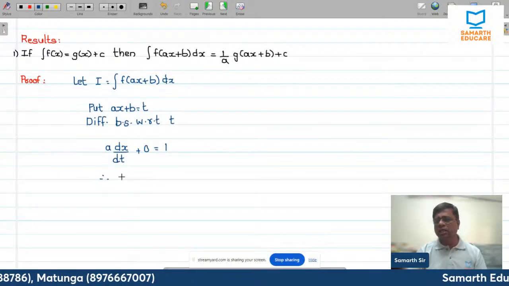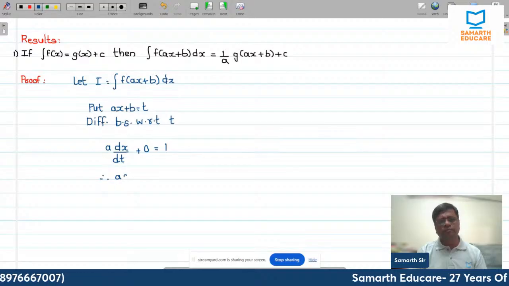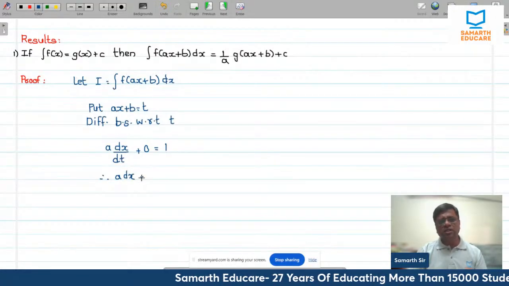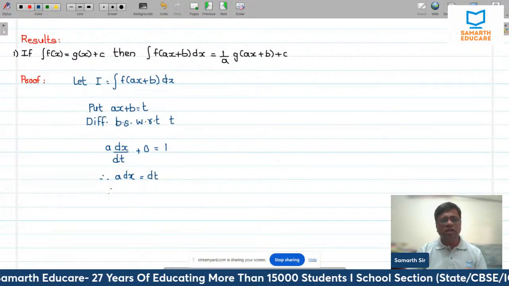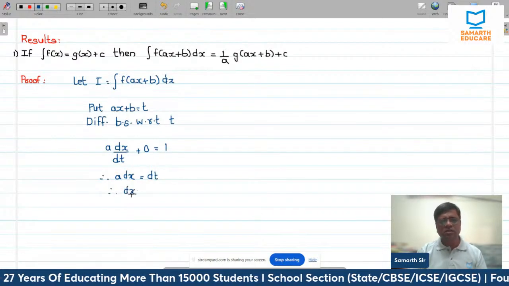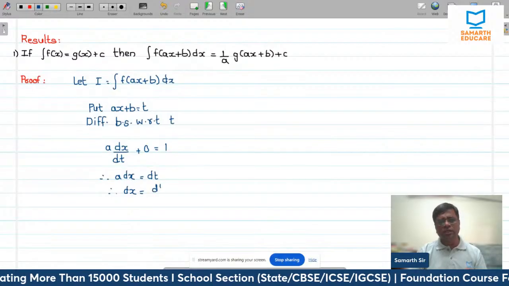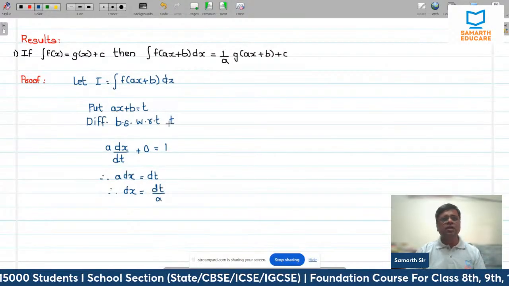That means a dx. If I cross multiply this dt, 1 into dt is dt. That means dx is equal to dt upon a.